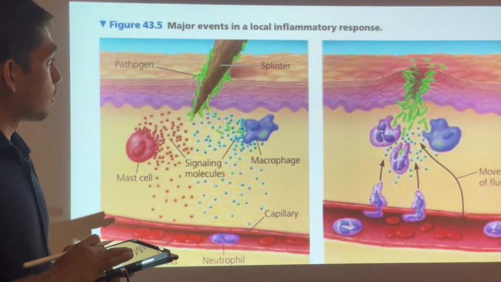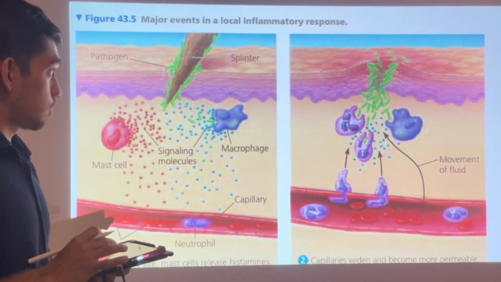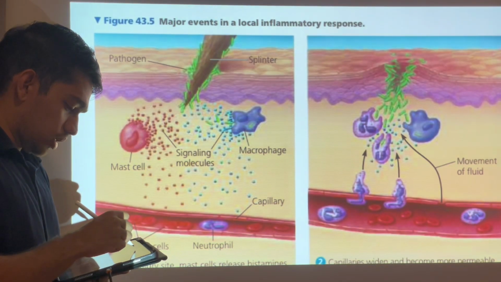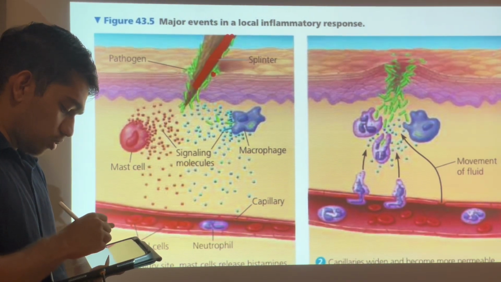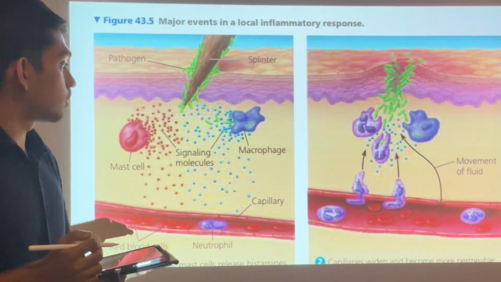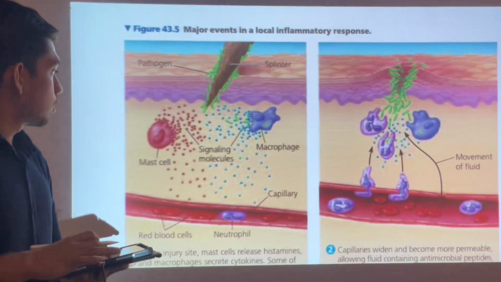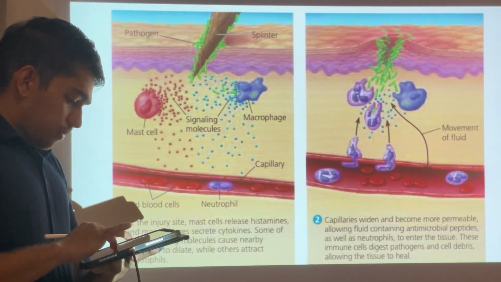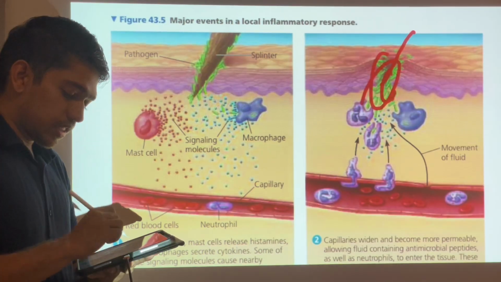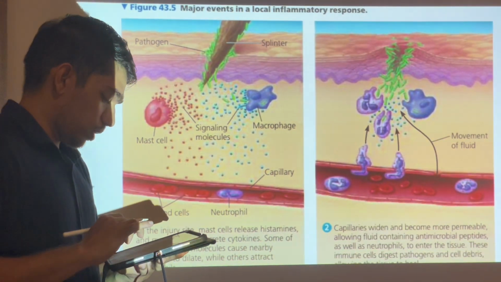So this is the diagram I'm going to use to explain the inflammatory response. Imagine this splinter is the injury, and it contains pathogen cells around it. A usual injury, a normal injury that can happen. Then we have removed the splinter, but the pathogen cells are in our skin, in our body.